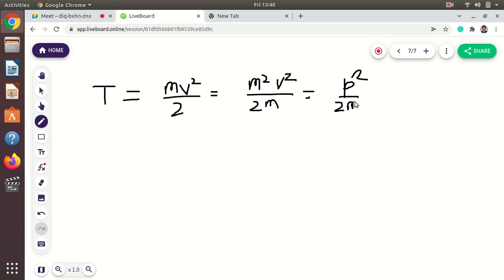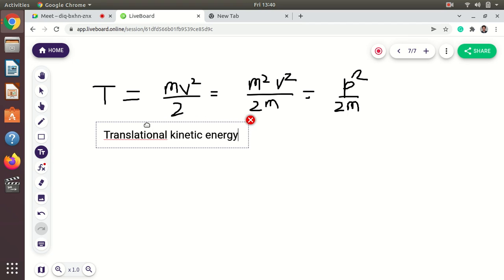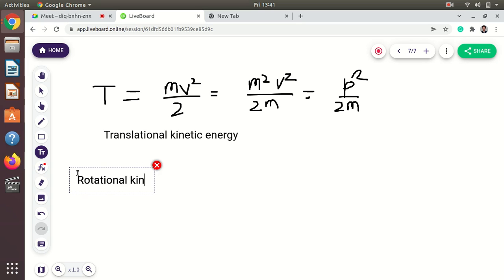So this is translational kinetic energy. So mv square by 2 or p square by 2m is translational kinetic energy. Now what if I have to find the rotational kinetic energy? As we have discussed earlier, there are some analogous quantities, like force is replaced by torque, or momentum is replaced by angular momentum.